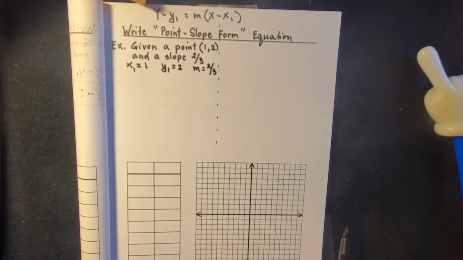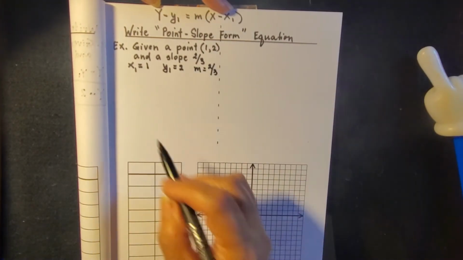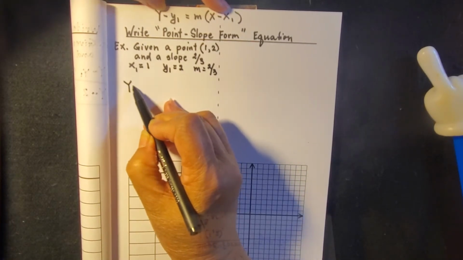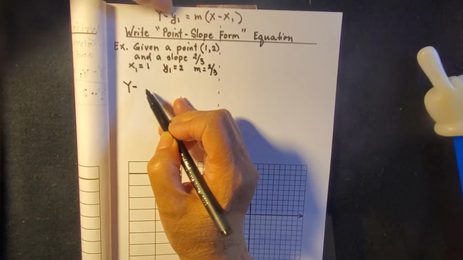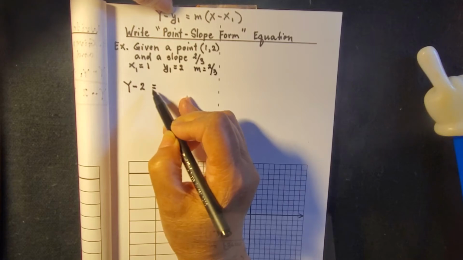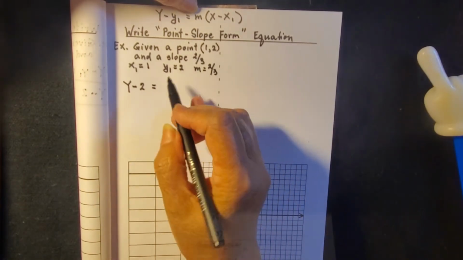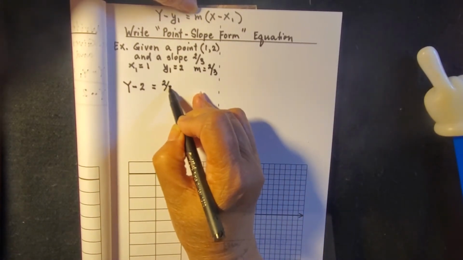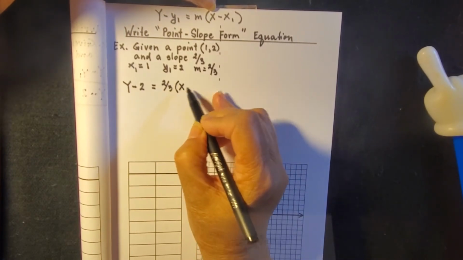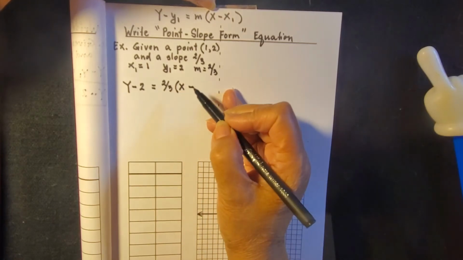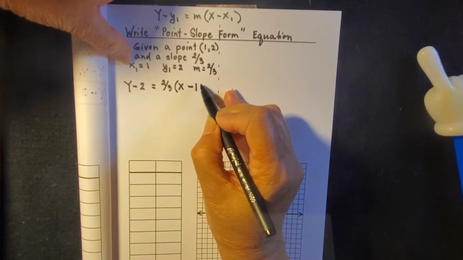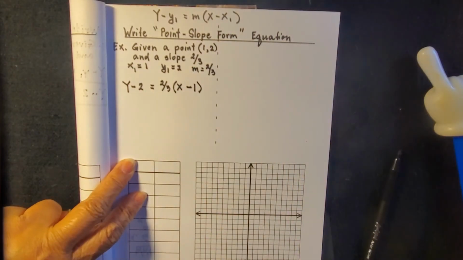Now, all you have to do is copy the formula again, but as you copy it, you plug in the values for y1, which is 2, the value for m, which is 2/3, and then copy the variable x minus the value for x1, which is 1. And that's it. You're done, students.